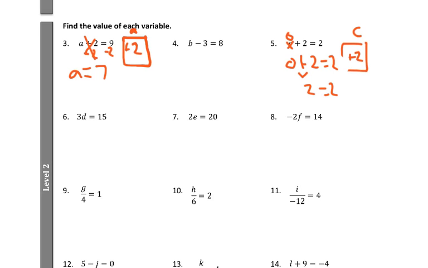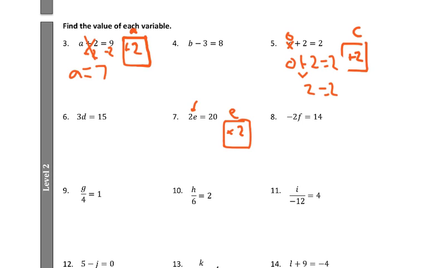Alright, let's go to question 7. Question 7, we have our letter E. There's only one copy of it, so I'm going to make my box. And the only thing happening to E, remember we talked about this a couple videos ago, if there's no sign between a number and a letter, we're assuming that it's being multiplied. So in this example, E is being multiplied by 2.